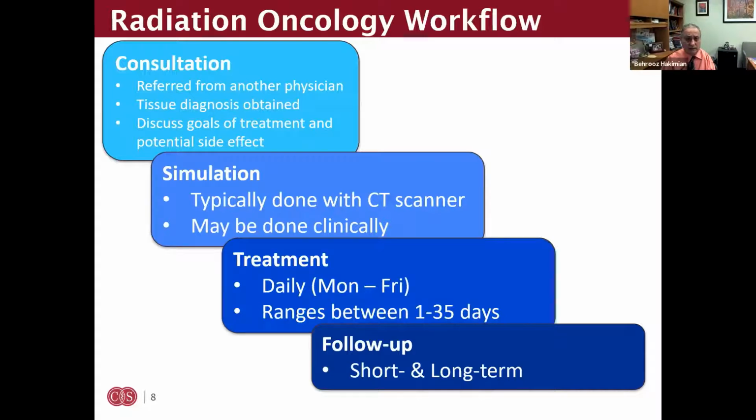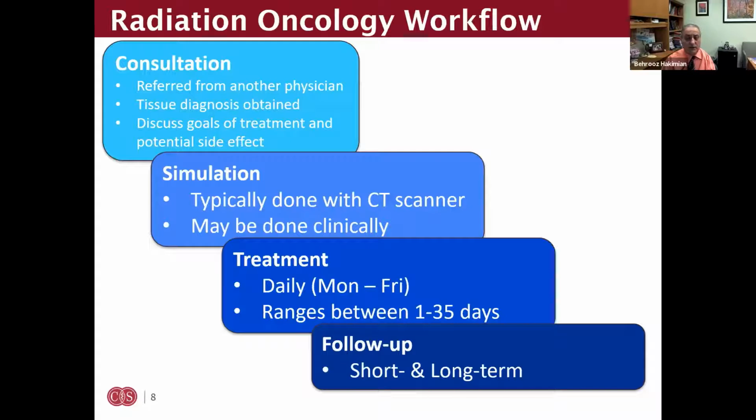It's very fast. Usually when we do the radiation, it's X-rays that we use. And as you would imagine, if you go and get an X-ray, you're not going to have any problem. However, the amount of radiation you're giving is substantial. It's not just like one chest X-ray that you get. It's equivalent of maybe about 150, 200 of these X-rays in one session. And the effects are cumulative.